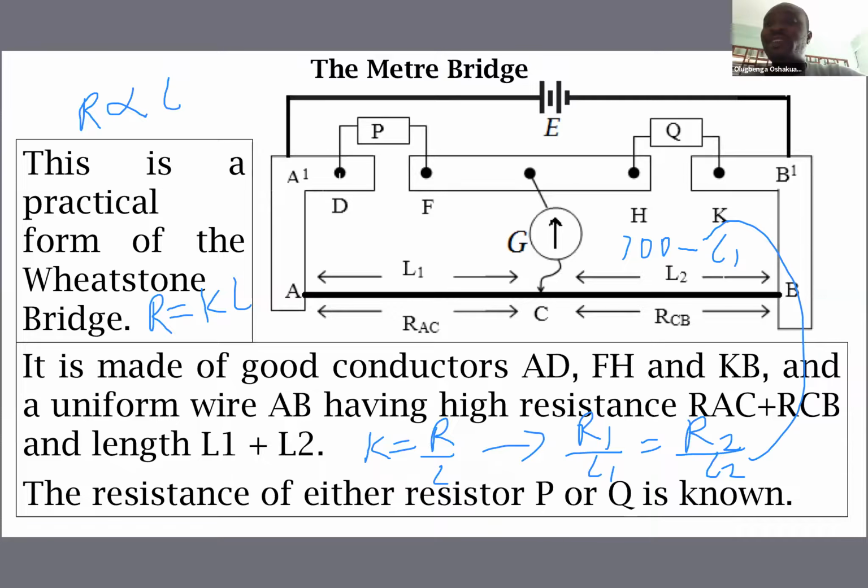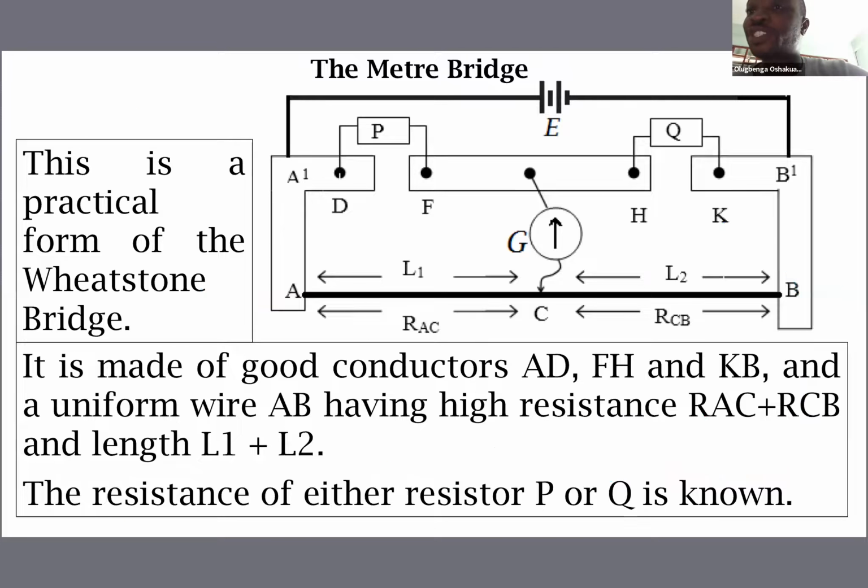We can say that the product of the resistances, because like I told you while talking about the Wheatstone bridge, the formula of interest is that the products of opposite resistances are equal. In this case, P is opposite the resistance RCB.